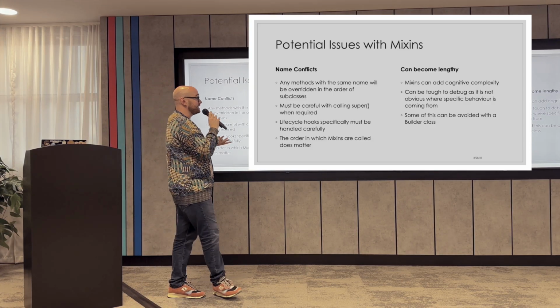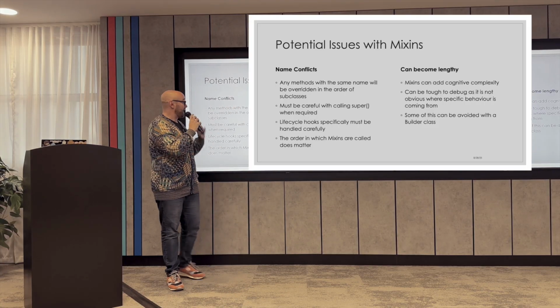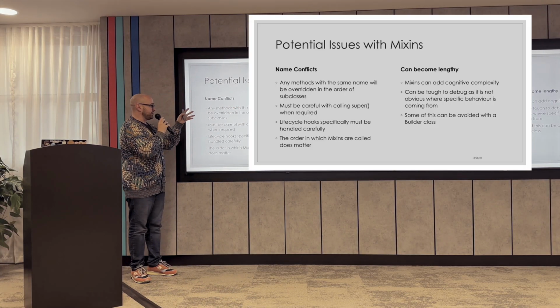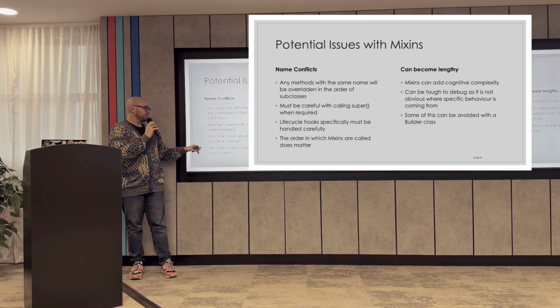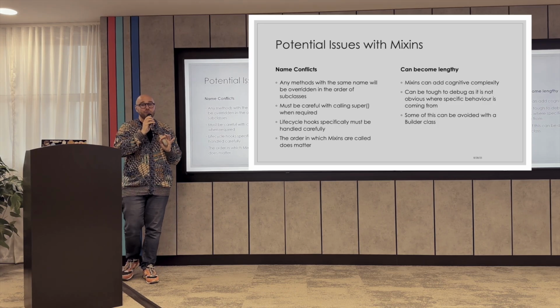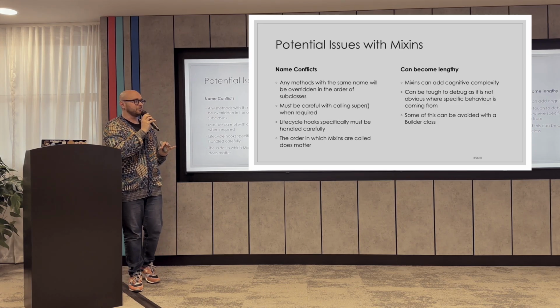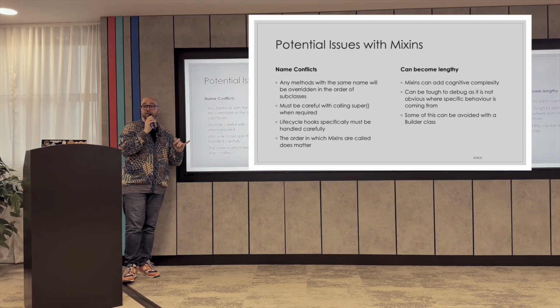So avoiding common names like handle load or handle click is probably a good idea. Any methods with the same name will be overridden in the same order of the subclasses, which means, and this to me is actually kind of a killer when it comes to deciding whether to use mixins or not sometimes, the order in which mixins are called does matter.